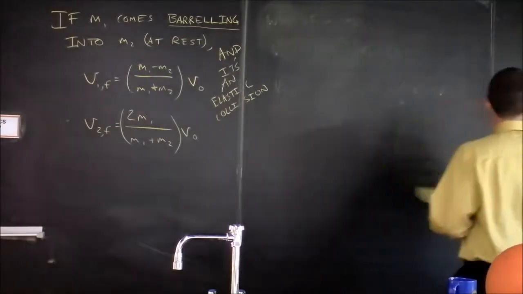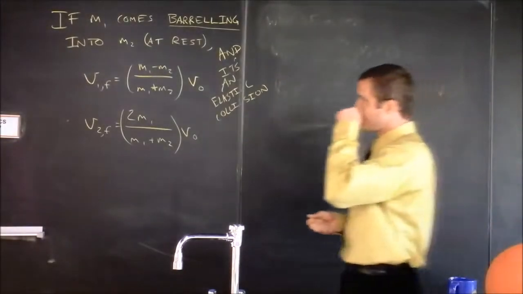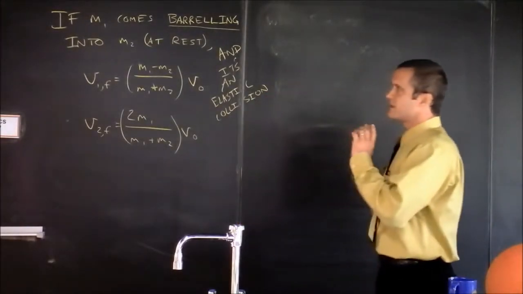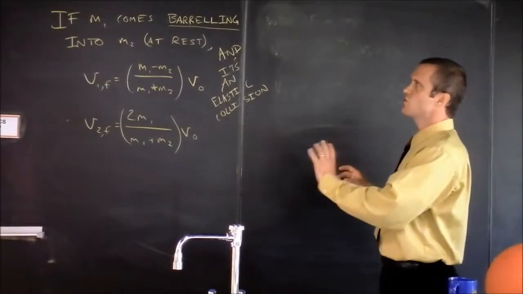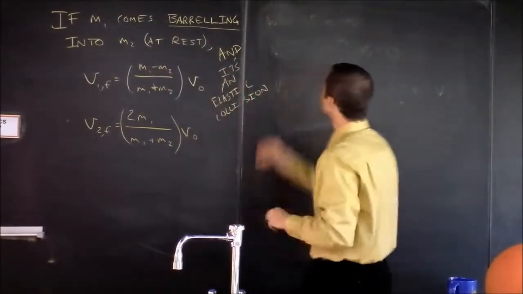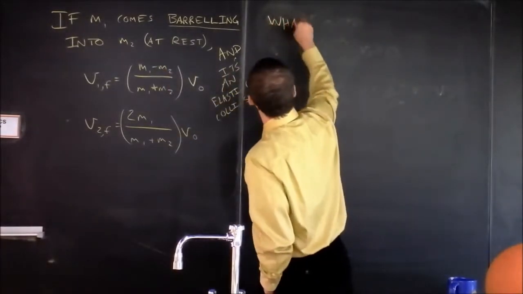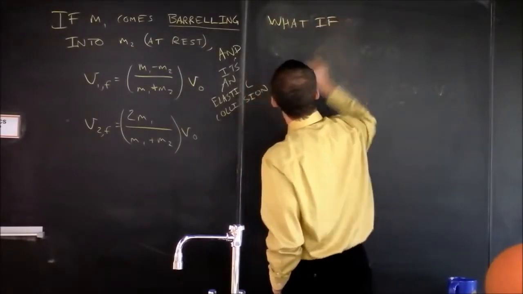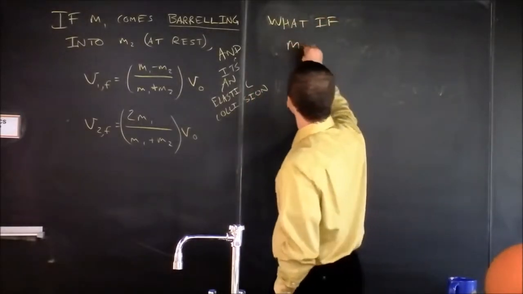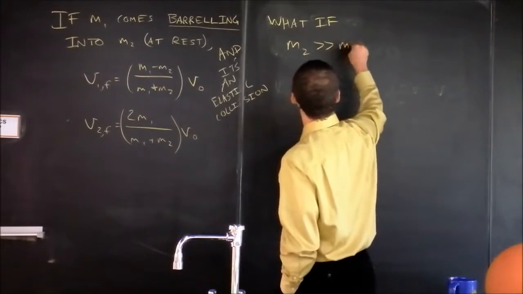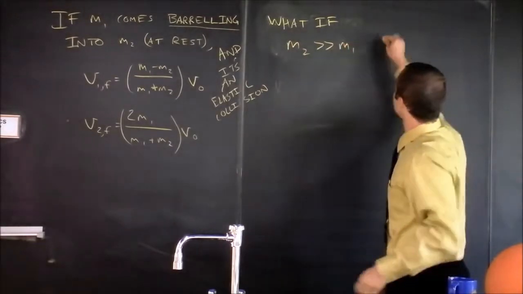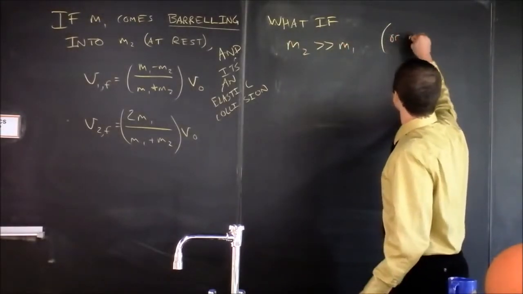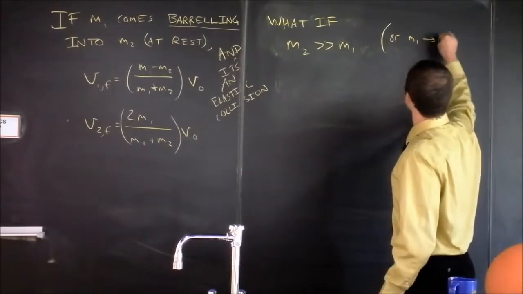Let's look at another special case. And let's consider the case in which the second mass is huge, m2, absolutely enormous. What if m2 is much, much greater than m1? This is sort of like m1 approaches 0.